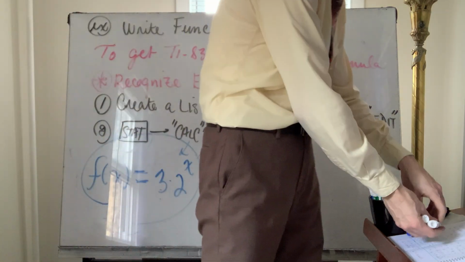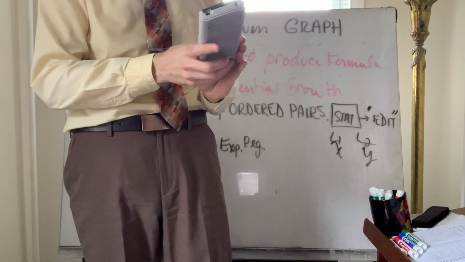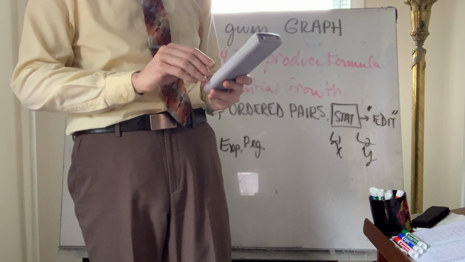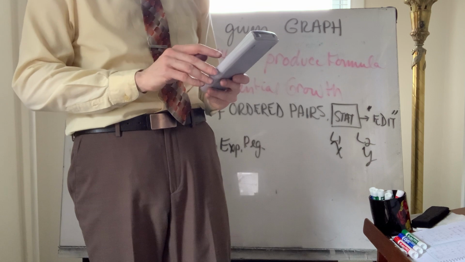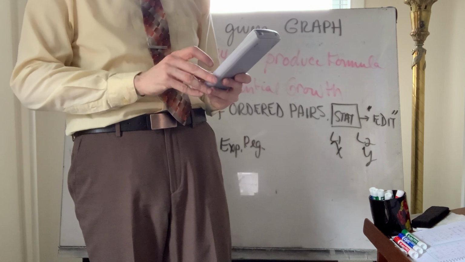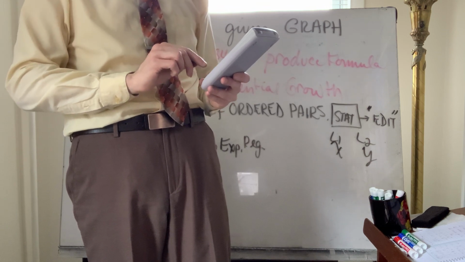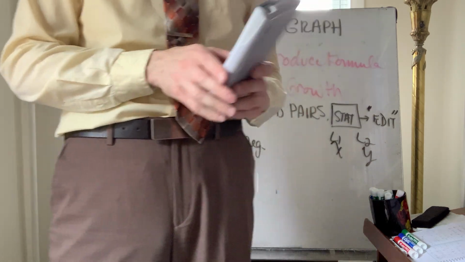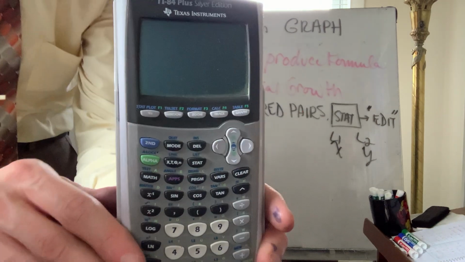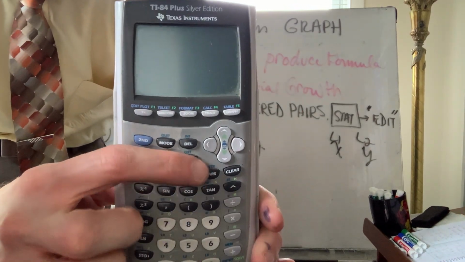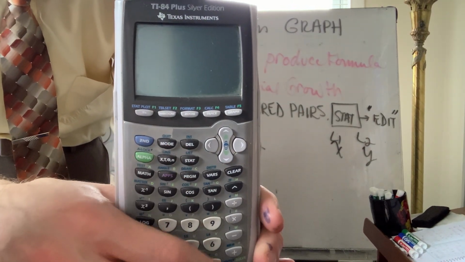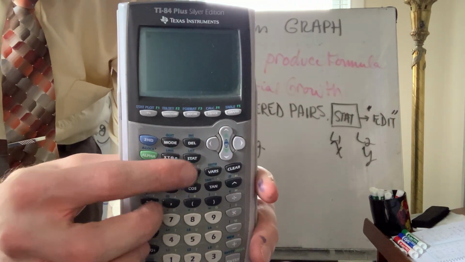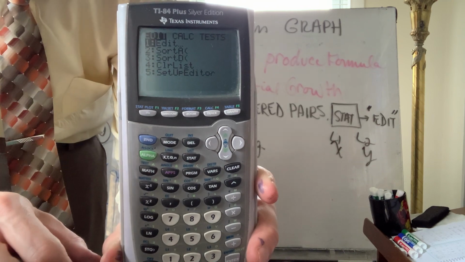So just to walk you through that, here's a calculator. Make sure that I have this empty. Here's your calculator. If you press Stat, you turn it on first. Hit Stat here, and the first option is Edit naturally.